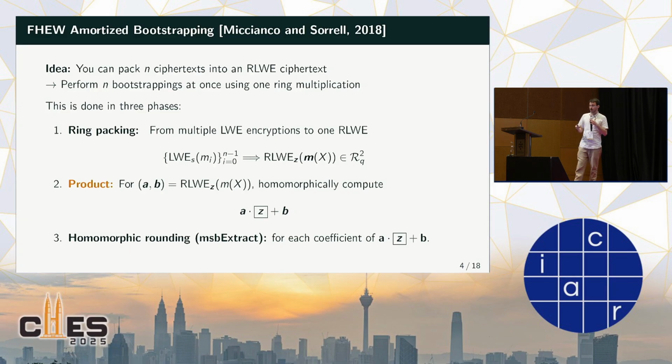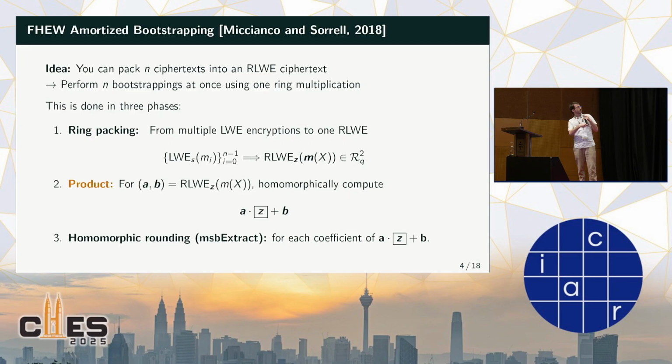To deal with this, Micciancio and Sorrell presented an amortized bootstrapping technique where you pack n LWE ciphertexts into an RLWE ciphertext, or a ring LWE ciphertext, and then you perform n bootstrappings at once using one ring, or one polynomial, multiplication. This is done in three steps. You start by packing your bunch of LWE ciphertexts into one ring LWE ciphertext, so now you get two polynomials, A and B. These are not vectors anymore, these are polynomials.